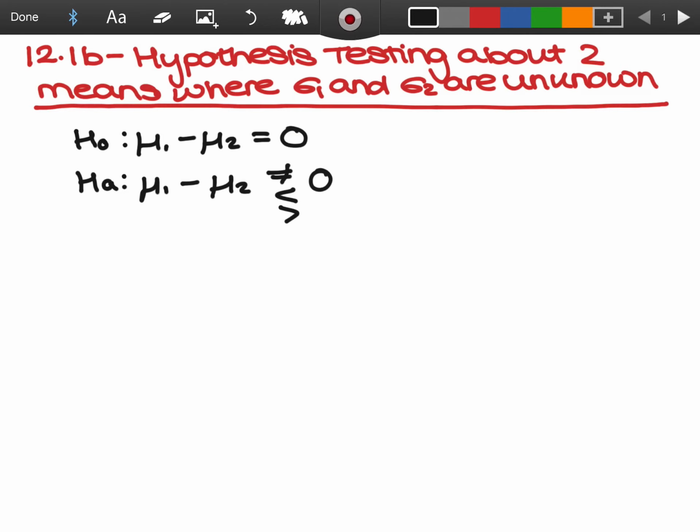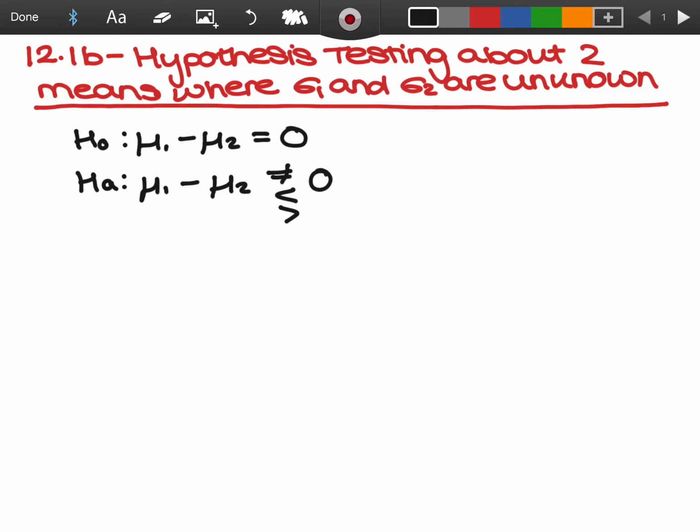Okay? But now, when we get given all of this information, they're not going to tell us those standard deviations of each population. Instead, they're going to give us the standard deviations of the samples that were pulled from each population. Now, because we don't know what the population standard deviations are, when you conduct a hypothesis test, in some way you still need to have an idea about what the spread of each of the population data are.